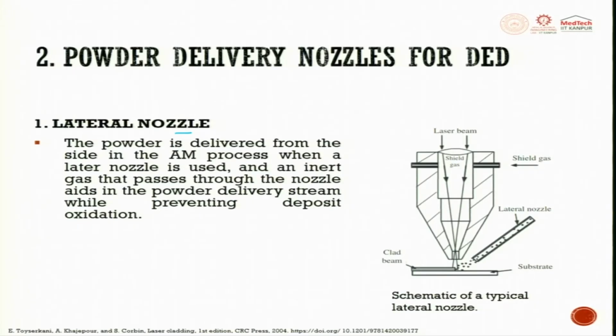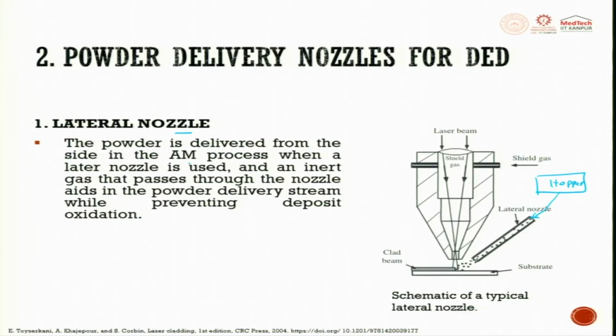Here you have your hopper, all the powder feed system that we saw is here in the hopper. Then it gets into a nozzle. This nozzle tries to feed the powder at the substrate where the laser is focused. So, this nozzle is lateral to the laser. It is a lateral nozzle.